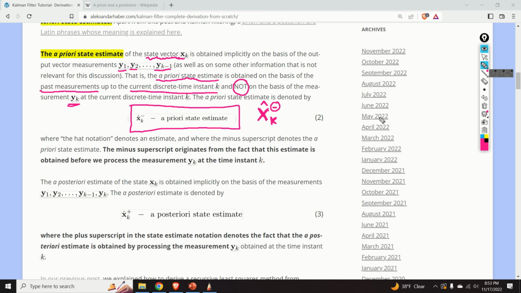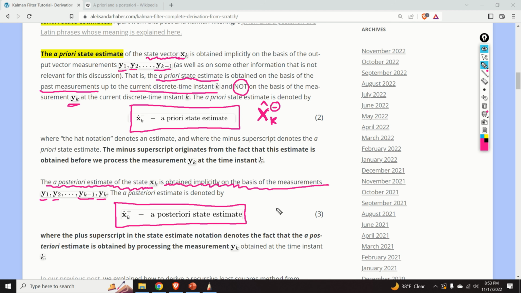Then, the a posteriori estimate of the state x at the discrete time instant k is obtained implicitly on the basis of the measurements y1, y2, up to yk minus 1, and yk. This is the difference. So the a posteriori estimate is denoted by equation number 3.